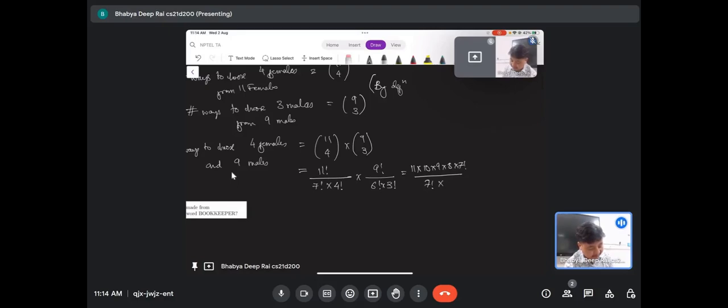Okay, so 4 factorial can be written as 4 times 3 times 2 times 1, times 9 times 8 times 7 times 6 factorial divided by 6 factorial times 3 factorial. Now I'll cancel off the 7 factorial here with the 7 factorial there, 6 factorial here with the 6 factorial there. Now 3 factorial can be rewritten as 6 here.